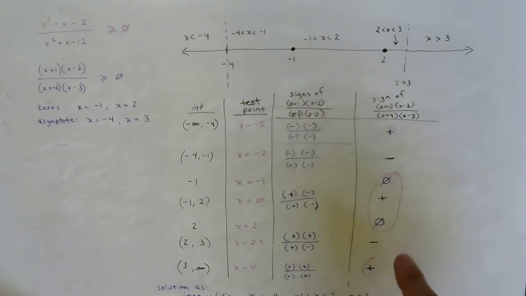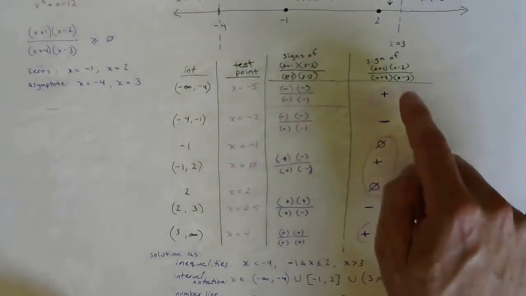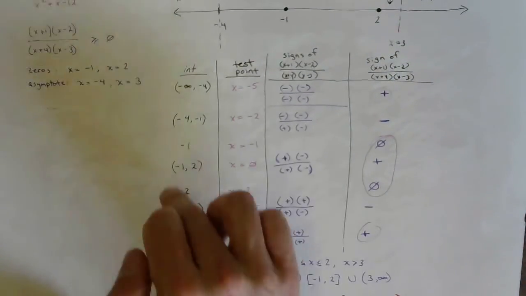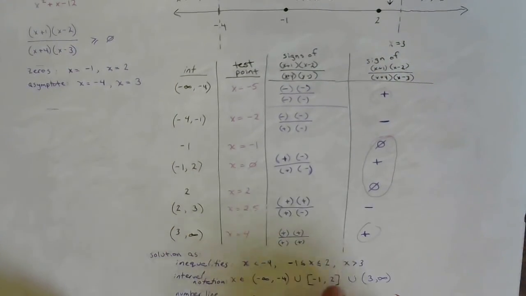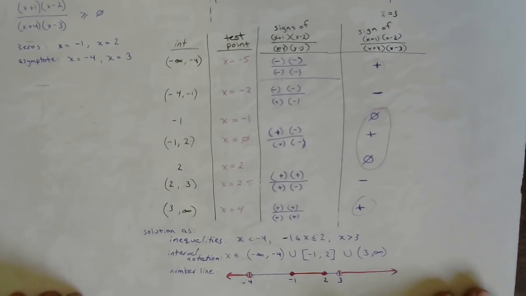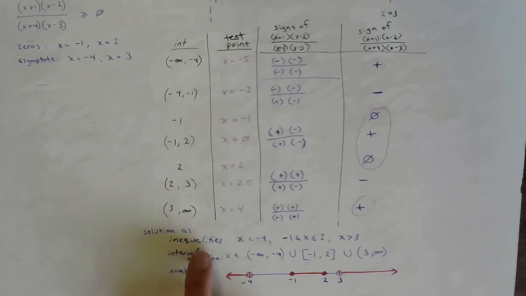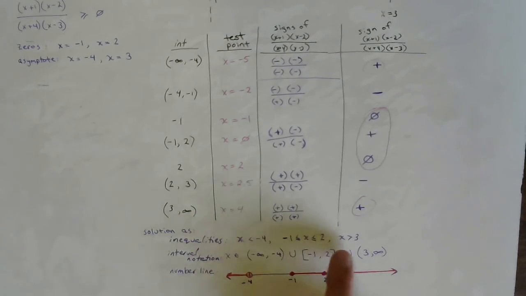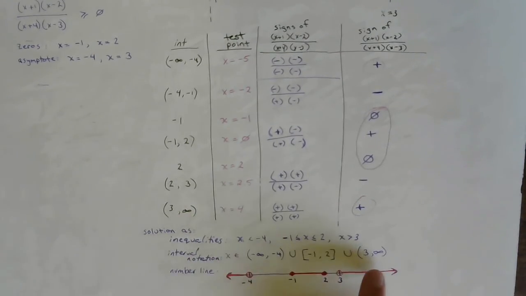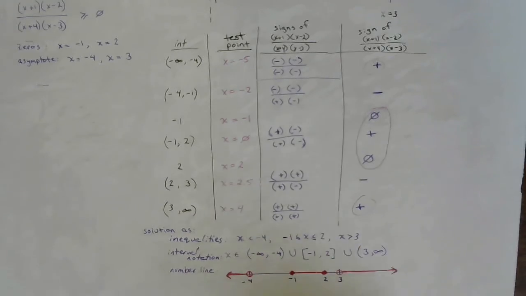Determine the sign of the whole expression. And then you can just circle your solutions, determine which intervals actually serve as solutions. Represented as this, they don't normally call this like express your answer as an inequality. This would just be the solution. This is the solution in interval notation. This is number line.